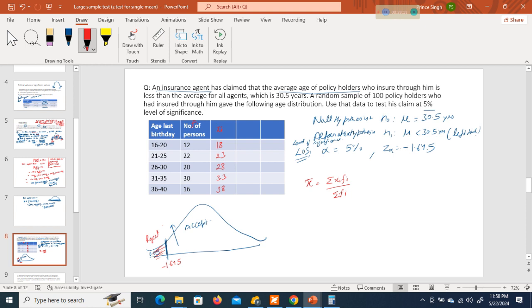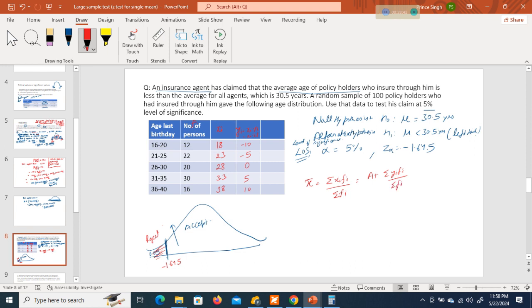Or what can we do? We can calculate xi minus a, let it be yi equal to xi minus a, because I am subtracting 28 from there, so it is xi minus 28. So its values are minus 10, minus 5, 0, 5 and 10, for simplification purpose. So this can also be written as a plus summation of yi fi upon summation fi, right?